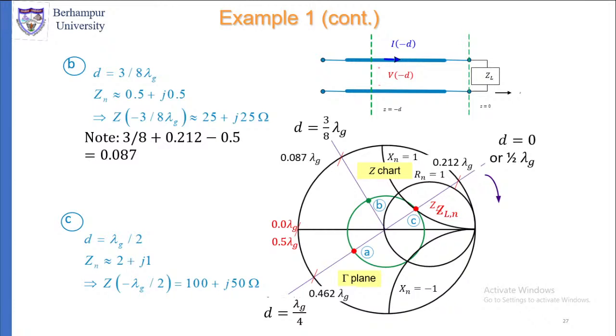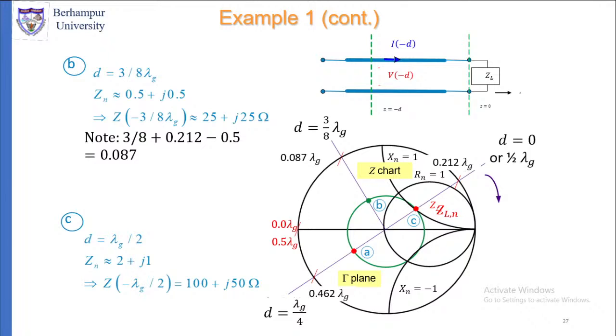So you start at 0 lambda g and move a complete circle, you have come to 0.5 lambda g. Then it is reset. Again, it will start from 0 lambda g and you will come back to 0.5 lambda g. Again, it gets reset.